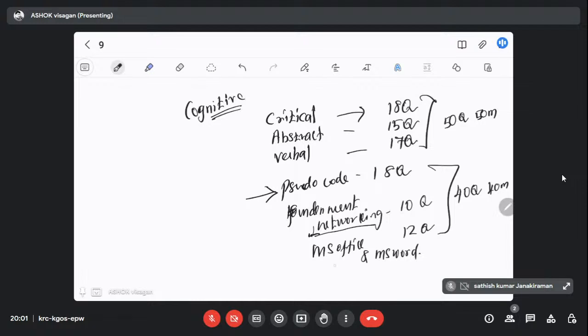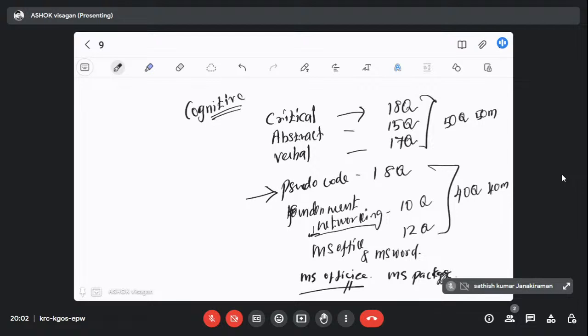The next part is MS Office and MS Word. Learn all the shortcuts in MS Office and MS Word. Go through the history, not only of MS Office but the entire Microsoft package. When did they introduce all these packages? When did they become a single product?